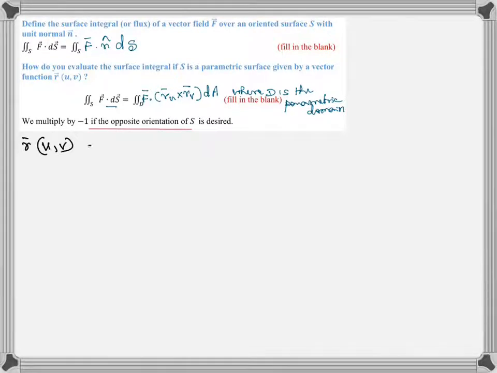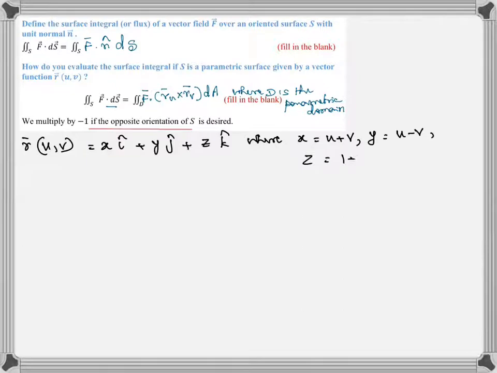Now let's write r of u, v in our problem, which is x i plus y j plus z k, where x is u plus v, y is u minus v, and z is 1 plus 2u plus v, with u lying from 0 to 2 and v lying from 0 through 1.